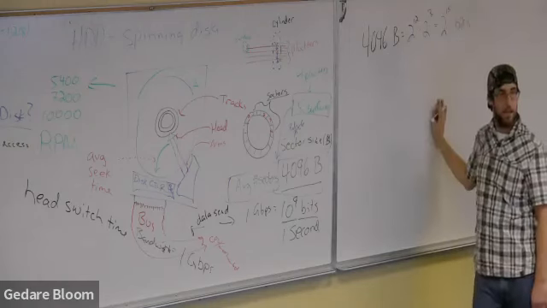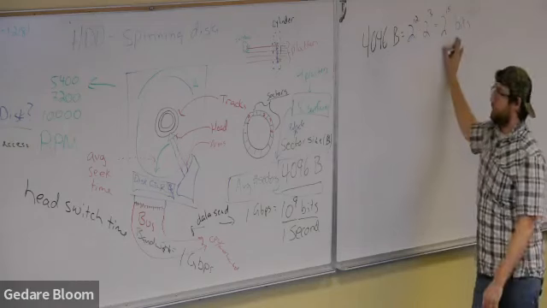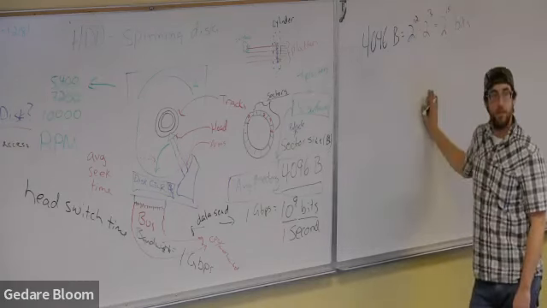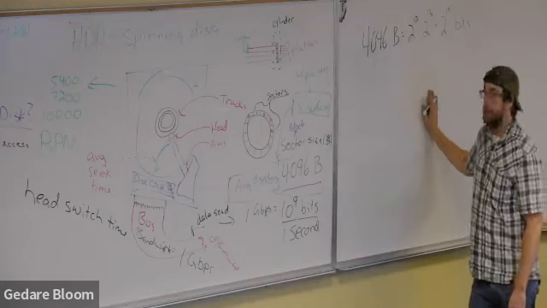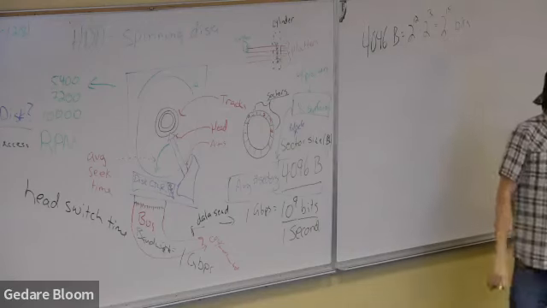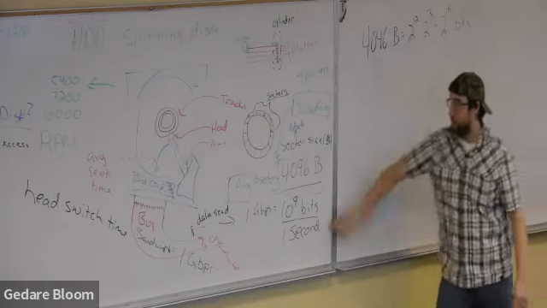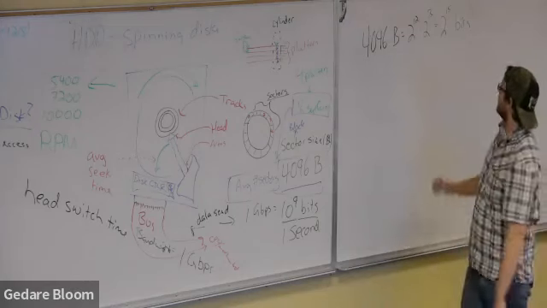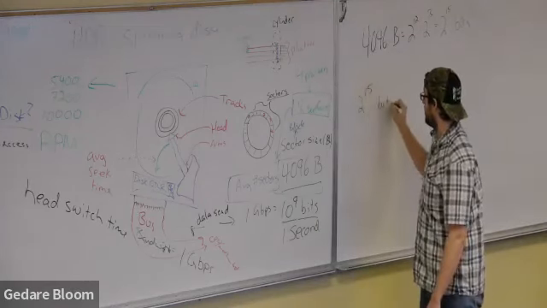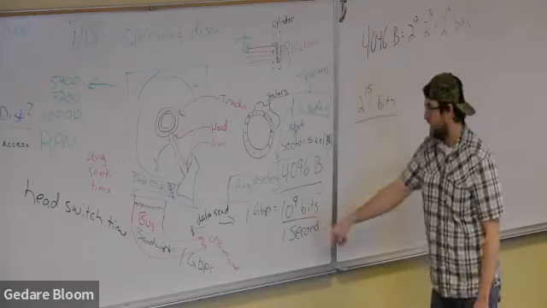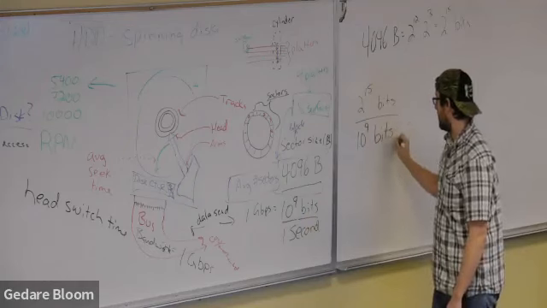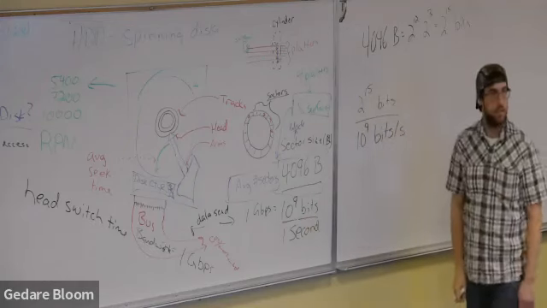With me? So I'm transferring 2 to the 15th bits, and I can do it at 10 to the 9th bits per second. So I take the amount of data I want to transfer, and I divide it by my bit rate. So 2 to the 15th bits divided by 10 to the 9th bits per second.